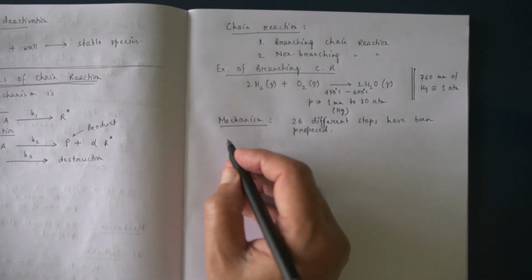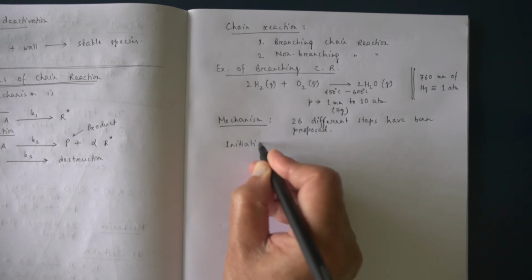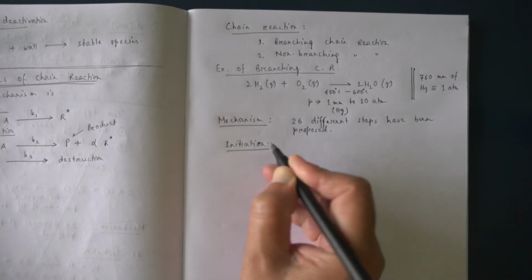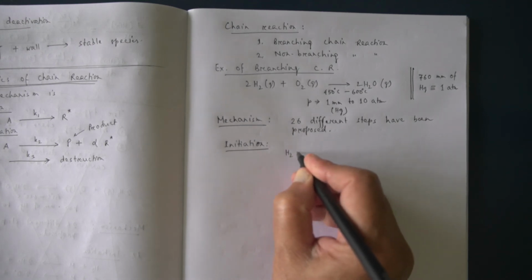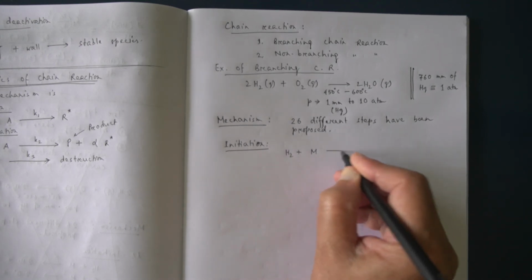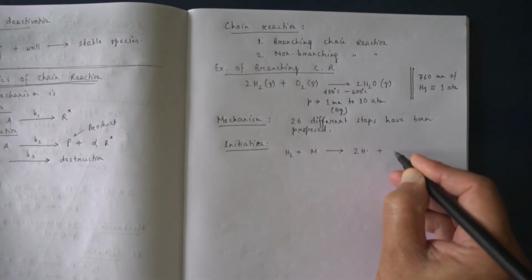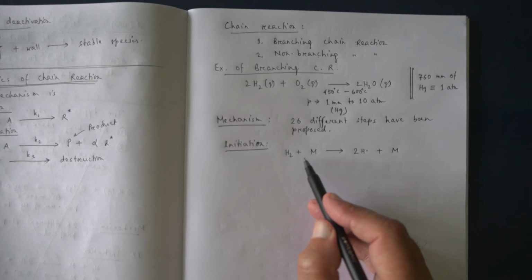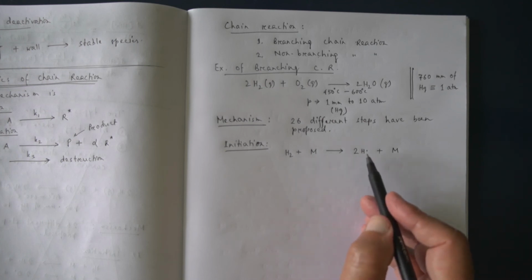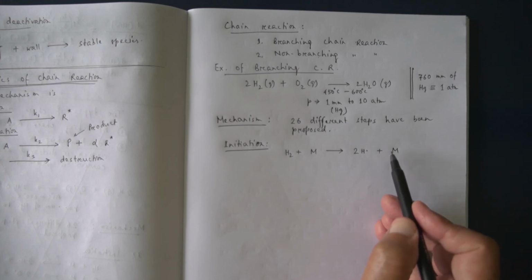Now, what is the initiation step? The initiation step may be like this: H2 plus M gives hydrogen radicals and M. Now, what is M? It is some species present in the reaction mixture.